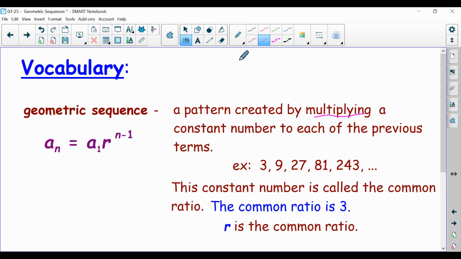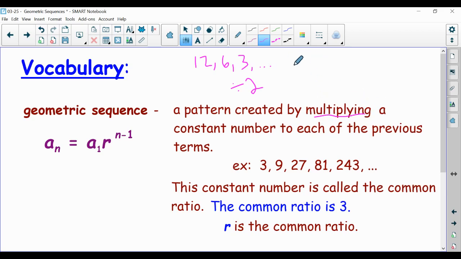So if we see a pattern of numbers where it is decreasing, let's say I have a sequence of 12 and 6 and 3. Most of you would say that the pattern is that we're dividing by 2 to get to the next number, but really we want to keep that as a multiplying type pattern.